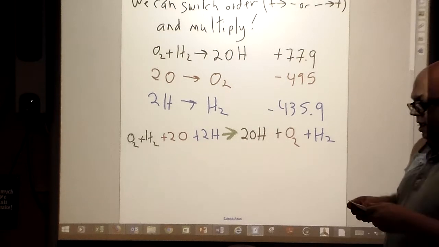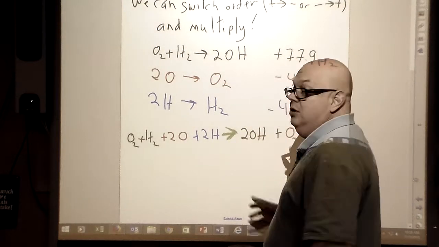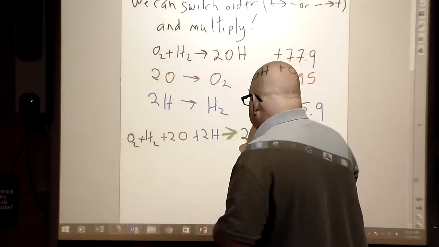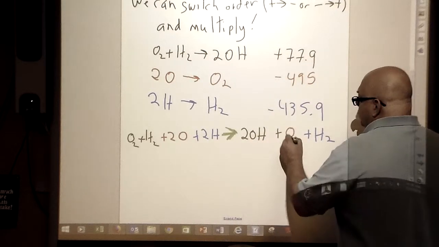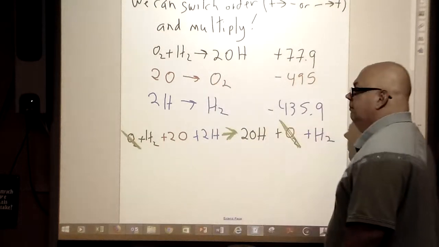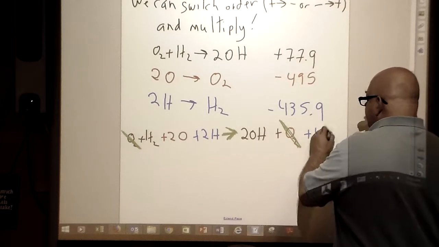How did this happen? Now, the next trick, guys, is we can start canceling. Because ultimately we want O's and H's, right? So we're going to cancel. So guess what? The O2's here cancel out. That makes it easy. And guess what?